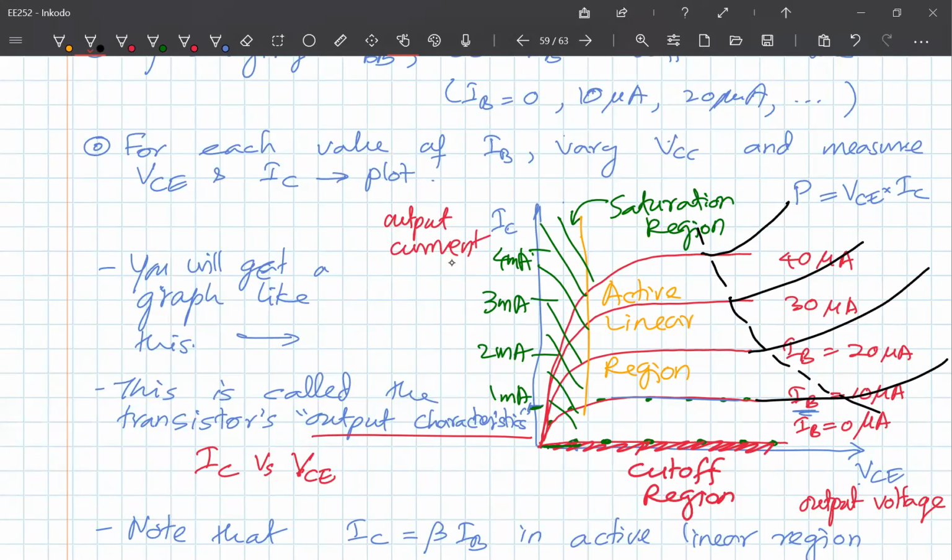Therefore we call this the breakdown region. P equals VCE times IC is greater than P max. Okay, so that's when it all melts down.